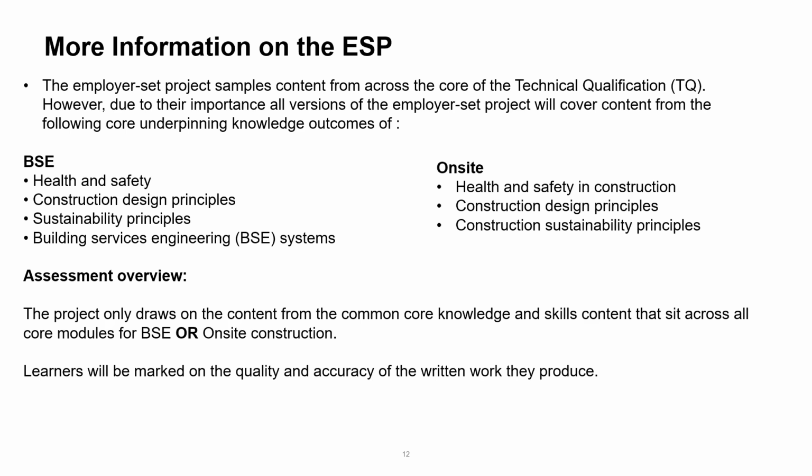It's sustainability principles in BSE, construction sustainability principles in Onsite, and there's an extra one in BSE, which is obviously your building services engineering systems. So just to clarify, it only ever draws from that common core knowledge and skills that sits in the core modules for either BSE or on-site construction. Obviously they will differ slightly.